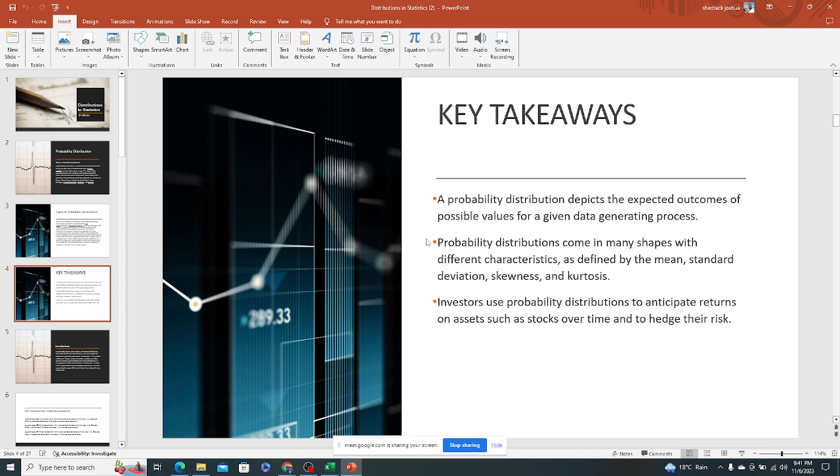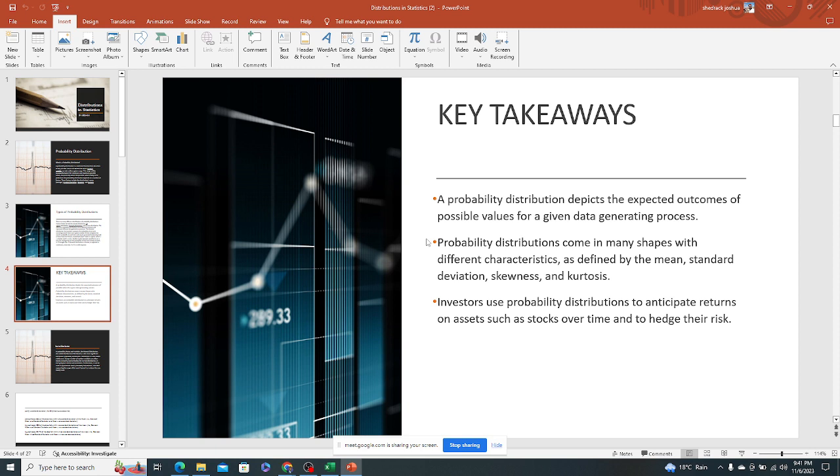But a distribution is more than just a shape. You must be able to know a distribution from its characteristics, that is, from its properties. Properties and characteristics are the same thing.